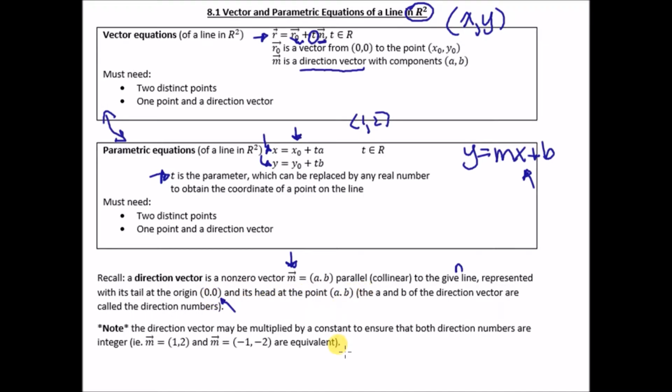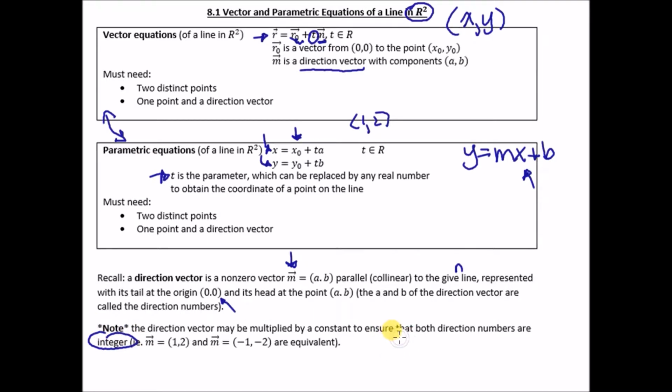The a and the b of the direction vector are called the direction numbers. And please note, the direction vector may be multiplied by a constant to ensure that both direction numbers are integers. So direction vectors need integers.